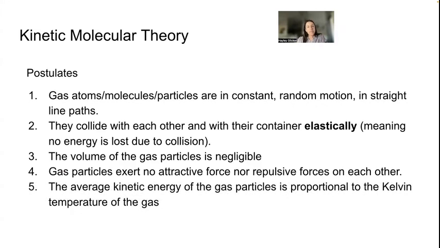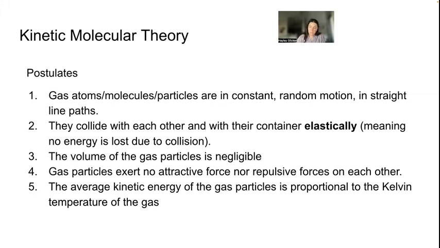Our last postulate tells us that the average kinetic energy of the gas particles is proportional to the temperature of the gas. As I increase the temperature, as we talked about the other day, my particles are going to be moving more quickly. And if my particles are moving more quickly, that means that they're going to have a higher kinetic energy. So my average over all of my gases is going to have a higher average kinetic energy if my temperature is increased.